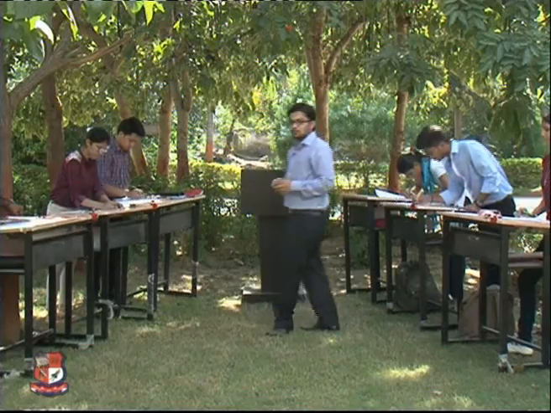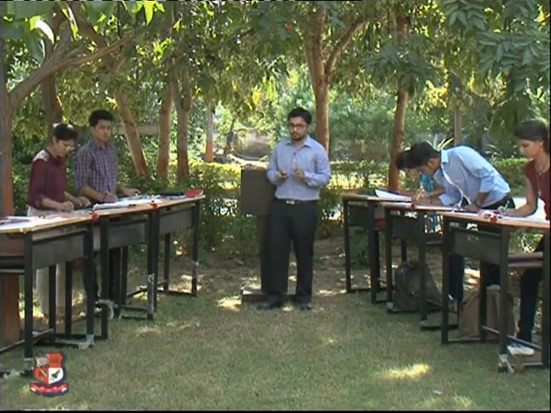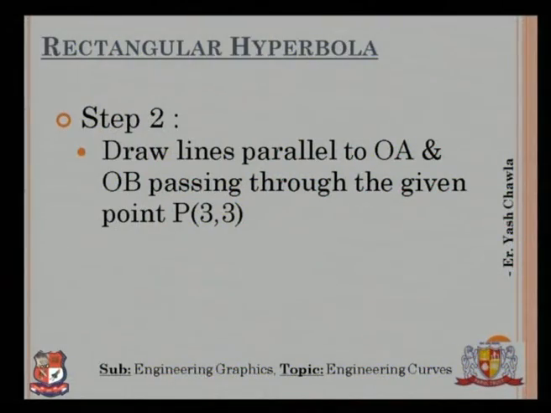Once you have marked P, we know that the hyperbola is going to pass through P. Now we are going to draw a line parallel to OA and parallel to OB, passing through the point 3 cross 3.